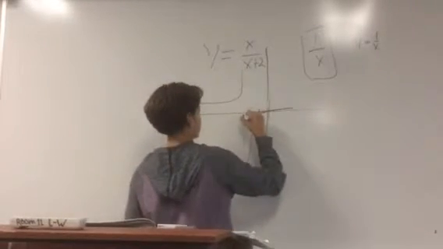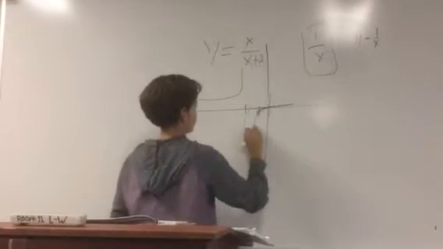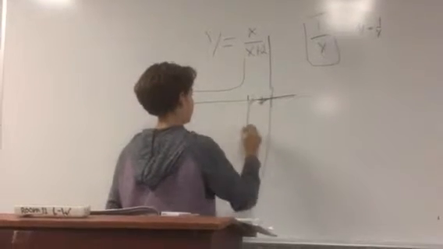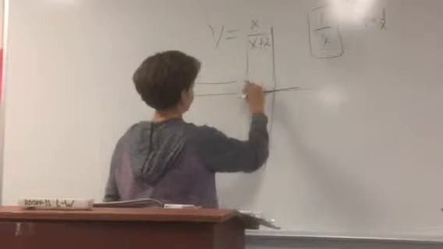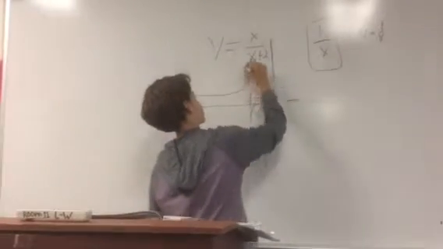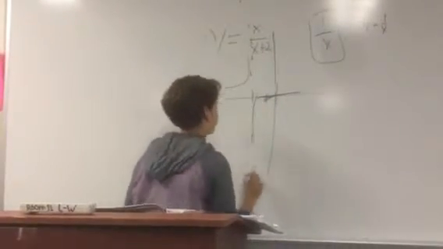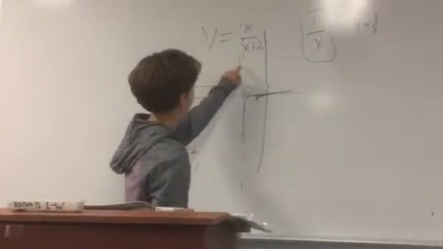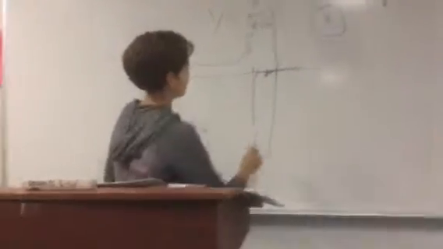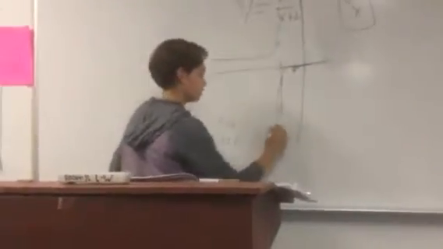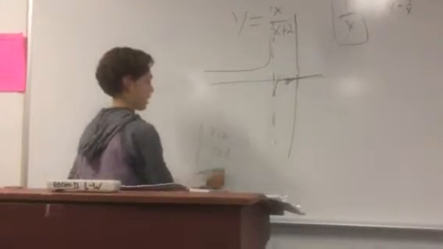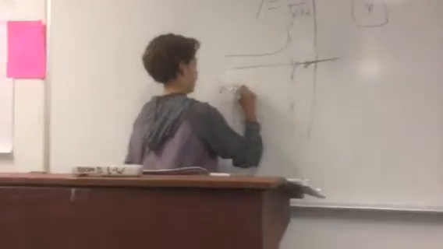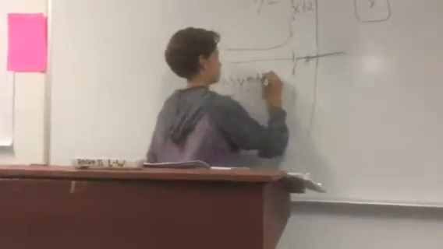This gets extremely close to 2, but it never quite touches 2. If this would go all the way up and this would go all the way down, these two lines would never intercept, same as these two lines. They'd get extremely close to each other, but they'll never intercept. So these are our asymptotes right here.